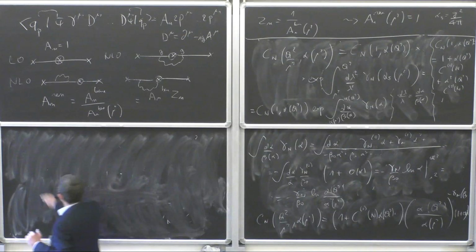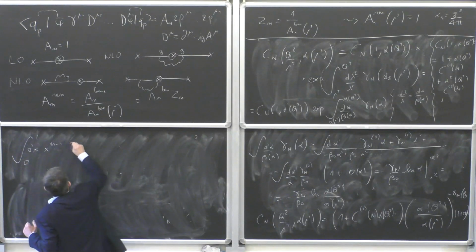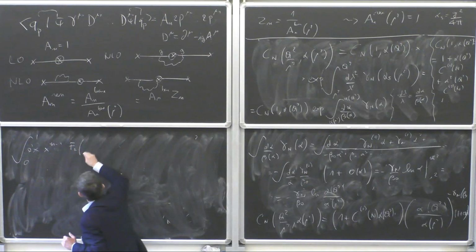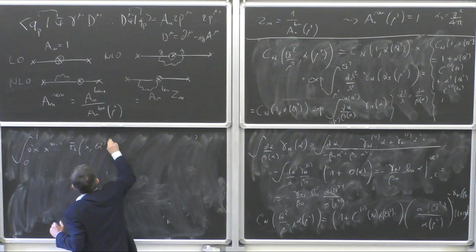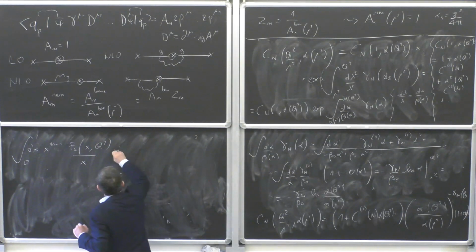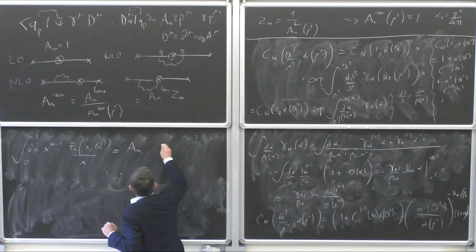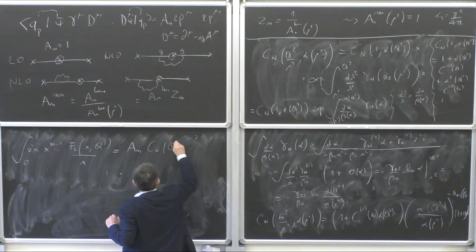We started looking at the nth Mellin moment of the observable structure function F2 of x and q square divided by x. We concluded that this is the product of An times Cn of q square.